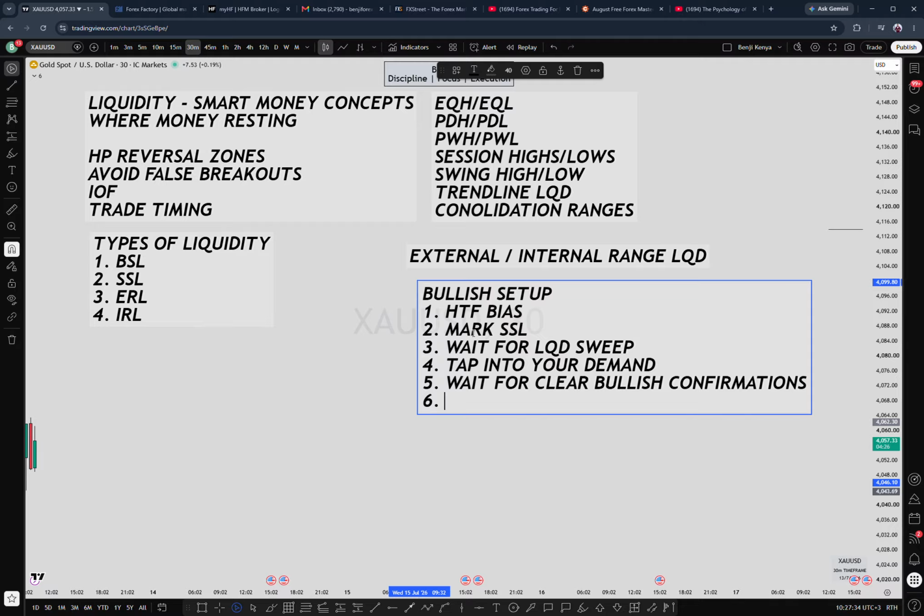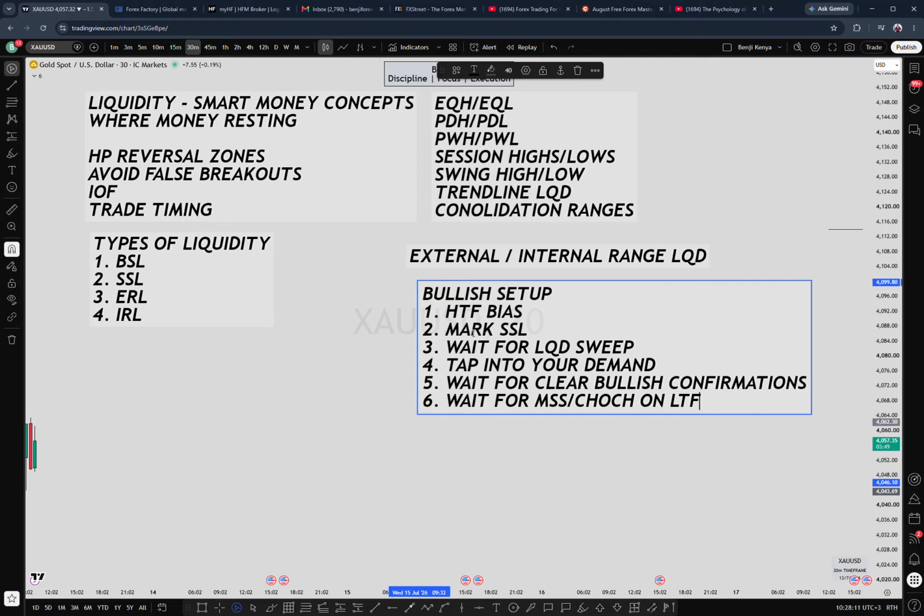Now once you have gotten the bullish confirmations, you can decide to do two things. One, you can enter using an aggressive entry, or probably a conservative entry, or you can also wait for a market structure shift or a change of character on lower time frames, especially M1, M3, or even M5, and wait for the market to tap into probably a fair value gap or order block.